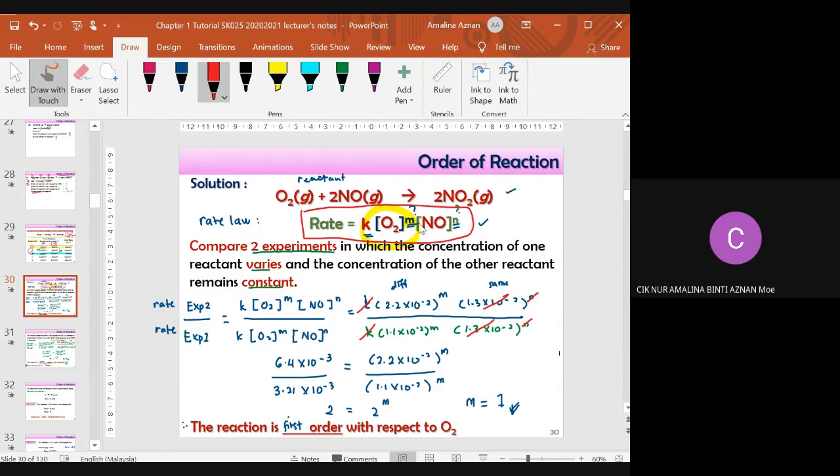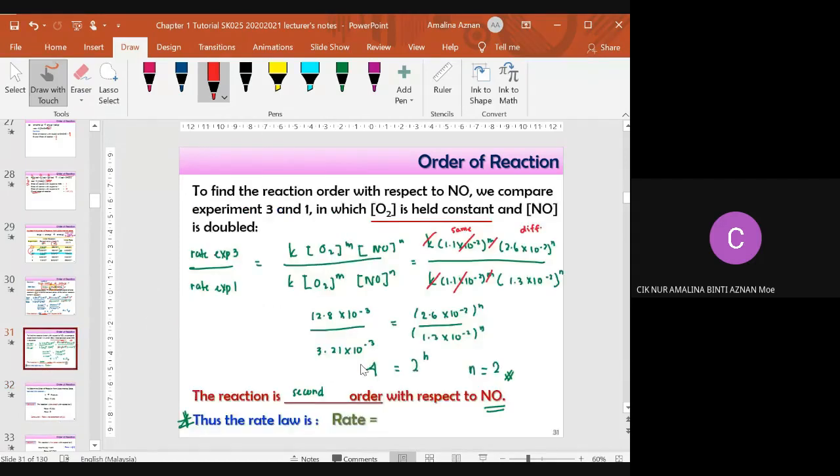Sekarang kita dah tahu value M, dah tahu value N. So kita dah boleh tulis rate is equals to K concentration of O2 to the power of 1 times concentration of NO to the power of 2. So ini adalah dia punya rate law and dia punya order untuk each reactant lah.